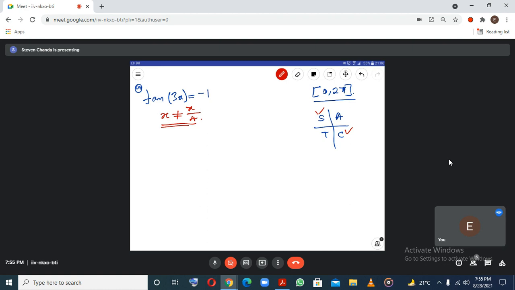Why is this not our answer? Because we know that this is an acute angle. Tan 45 is equal to 1. So it's an acute angle.